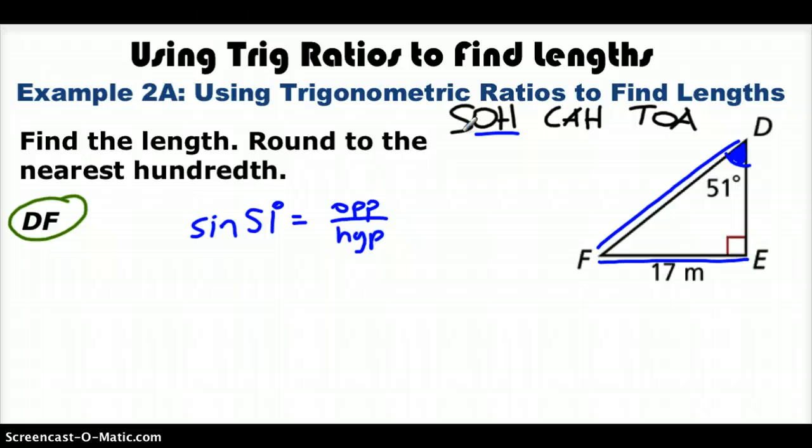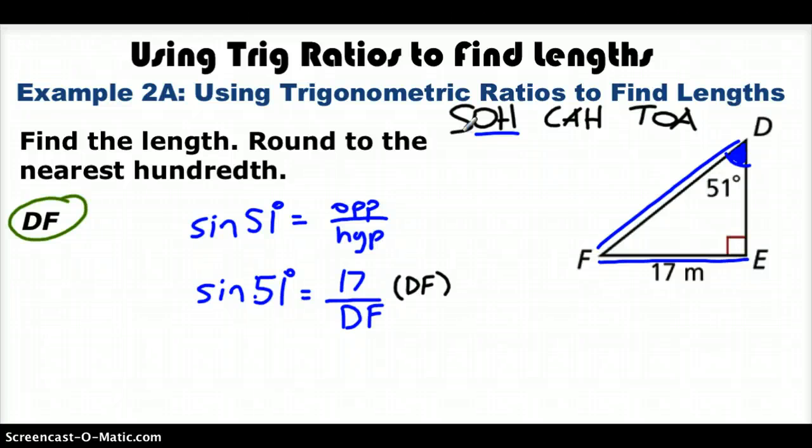We'll fill in the values that we know here. We know the opposite side is 17 meters. So the sine of 51 degrees is going to be equal to 17 meters over the hypotenuse, which we'll just call DF. Now we're trying to isolate DF. We can use the cross products property, or I just like to multiply both sides by DF.